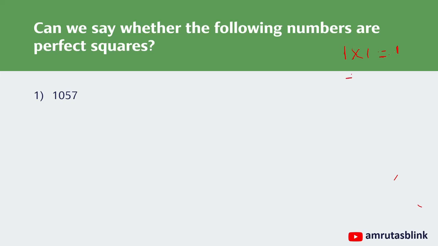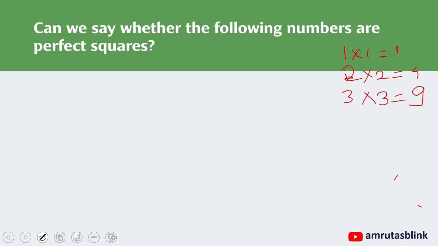Now let's say we have 2 into 2. How much is 2 into 2? It is equal to 4. So 2 square is 4. But if you have 12 into 12, then the units digit of this square will also be from 2 into 2. Similarly, let's say we have 3 into 3. 3 into 3 is 9.